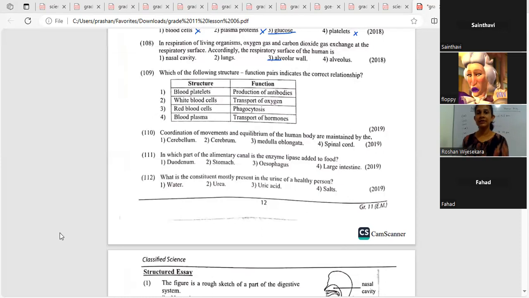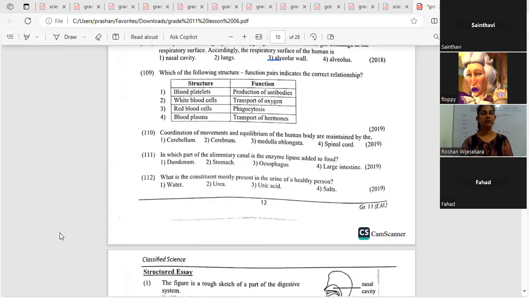Which of the following structure function pairs indicates the correct relationship? Blood platelets, function production of antibodies. No. Production of antibodies is not the function of platelets. It is the function of white blood cells. The function of platelets is blood clotting.